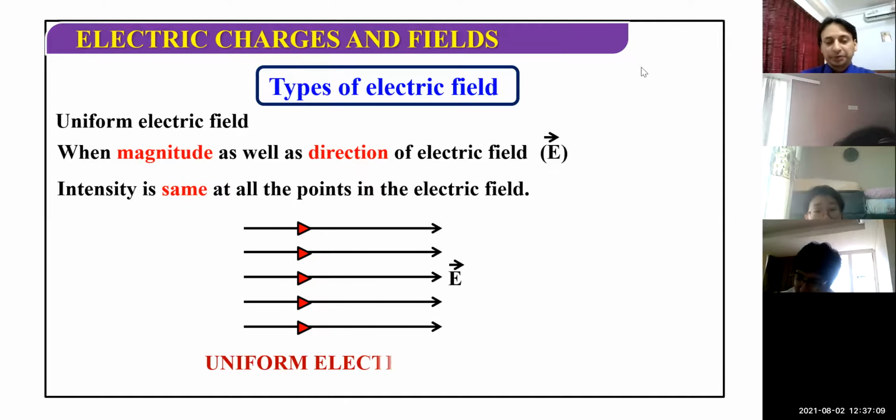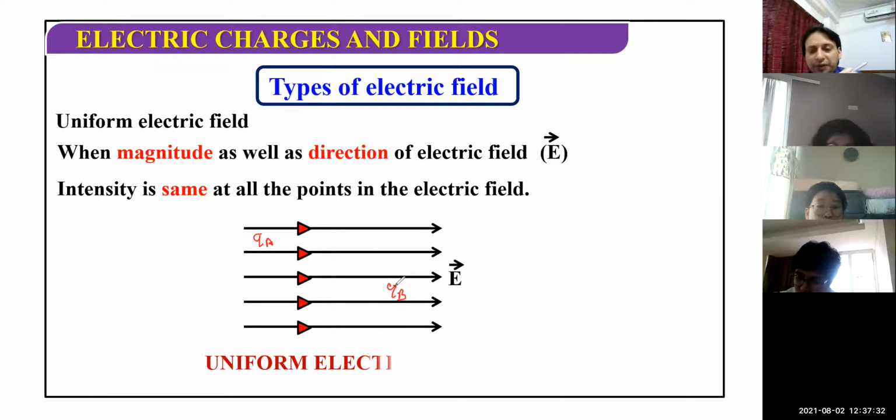For example, students, just observe this diagram. In this diagram, if I place one charge QA and another charge somewhere at this point, QB, I have placed two charged bodies, QA and QB. Remember that their magnitude is the same: QA is equal to QB.